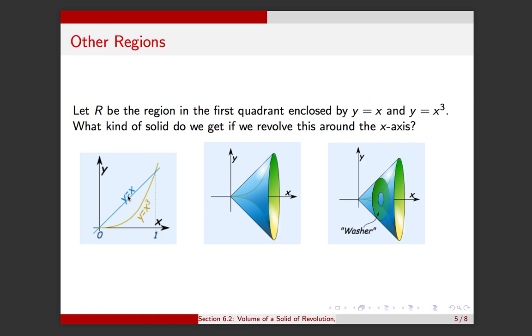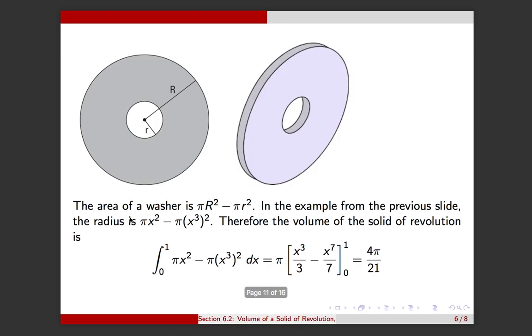That's the outer radius. If you're going from the x-axis to the closer curve, x cubed, that inner radius is x cubed. So the area is pi x squared minus pi x cubed squared. So again, this big R is x. This little r is x cubed.